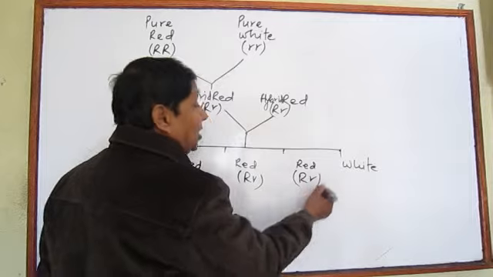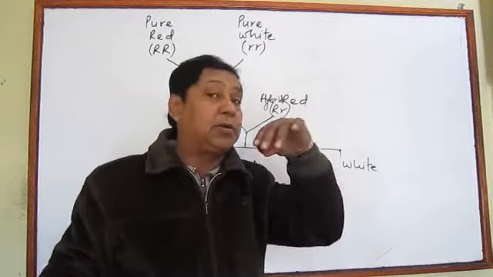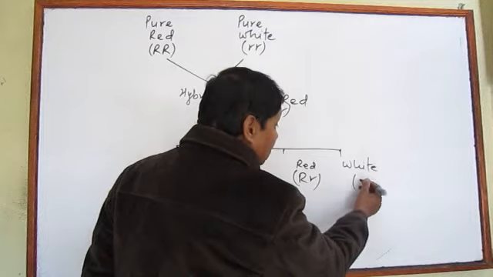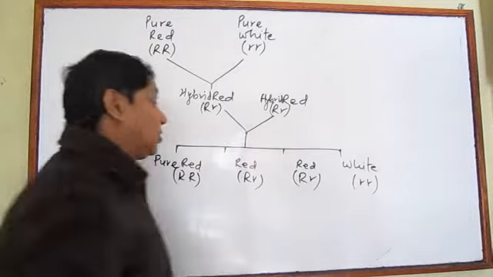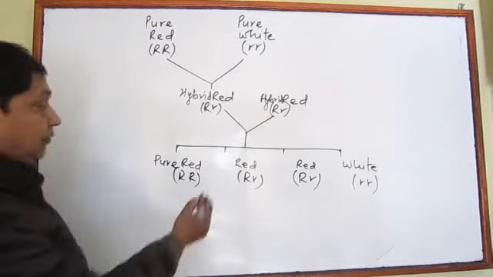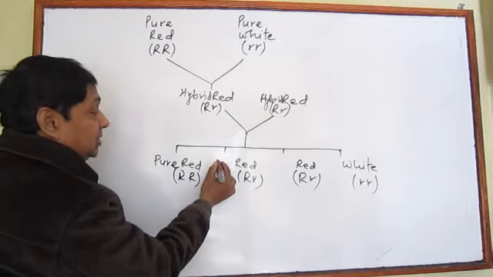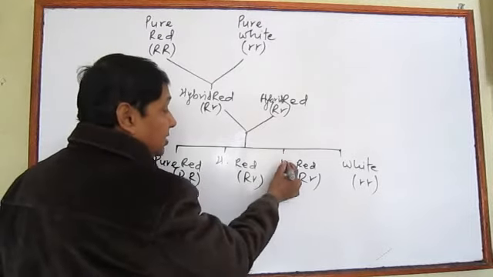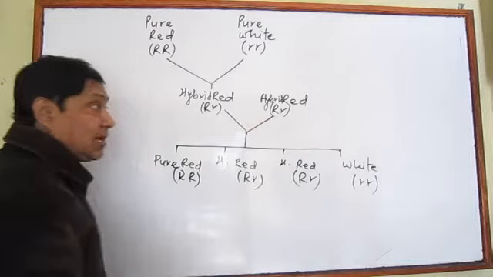The remaining 25% white always gives white only, so its genotype must be small r, small r. This is not pure red, this is hybrid red.